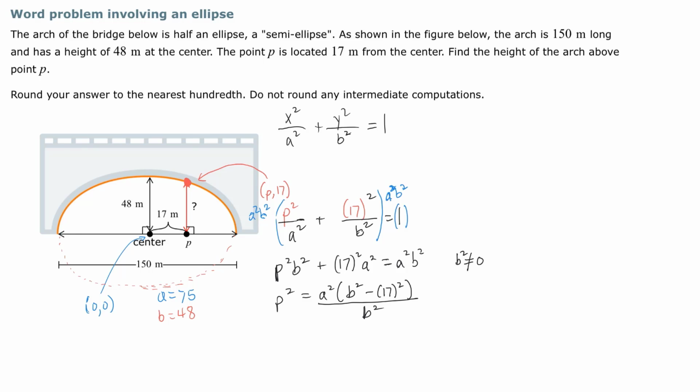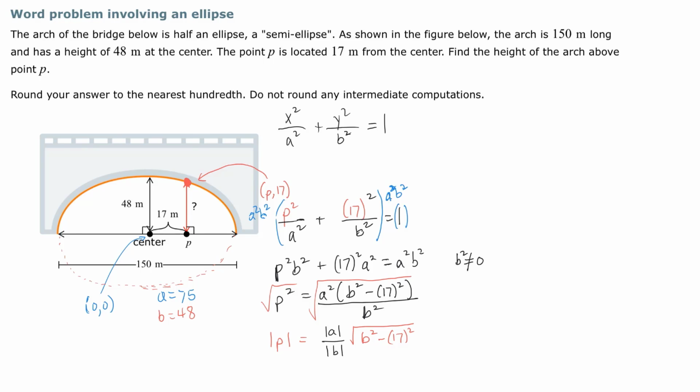Take the square root of both sides, and we get the absolute value of p is now equal to the absolute value of a over the absolute value of b times the square root of b squared minus 17 squared.